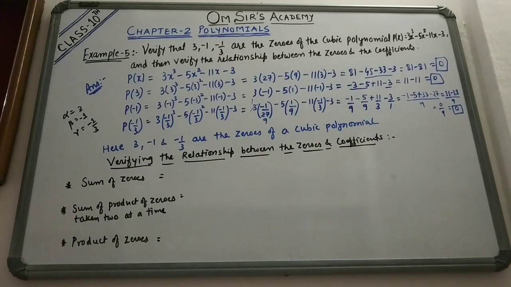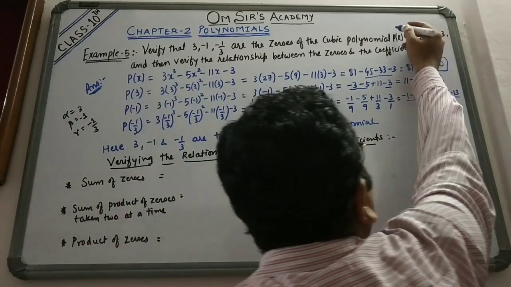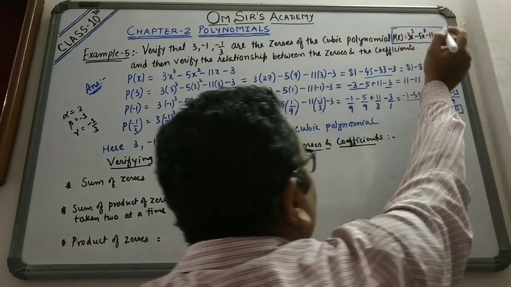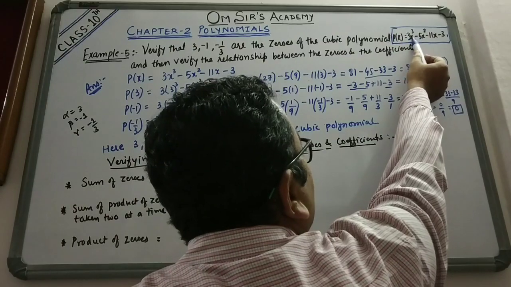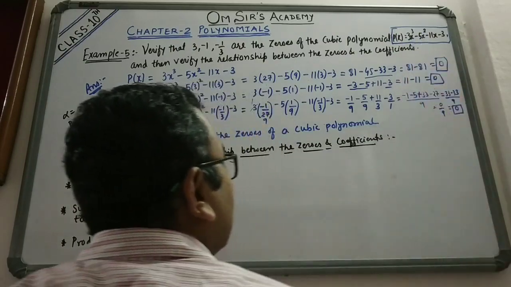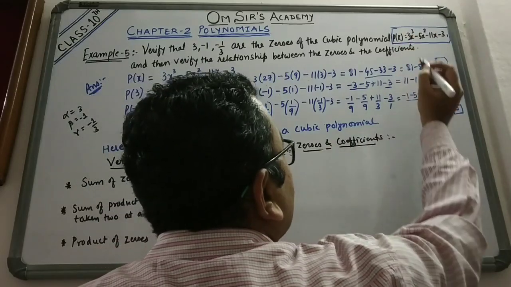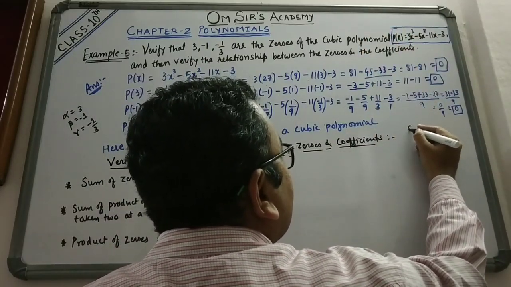And what are my A, B, C and D? This was my polynomial, cubic polynomial was this one. Okay, friends? So as per these, what is the coefficient A? That is the coefficient of x cube. So value of A will be what? I am writing over here.